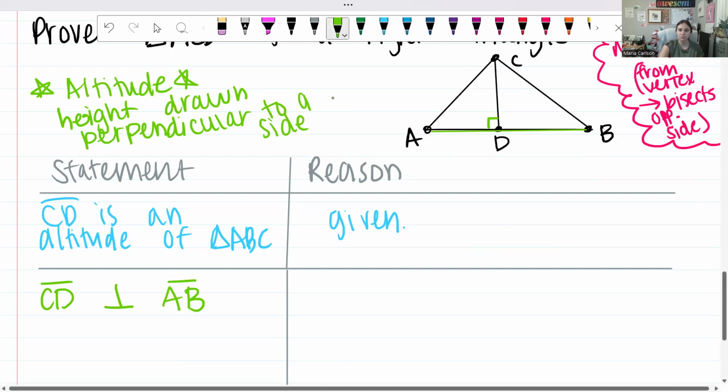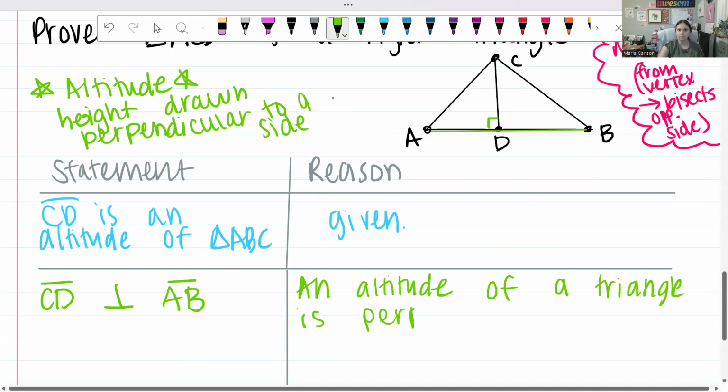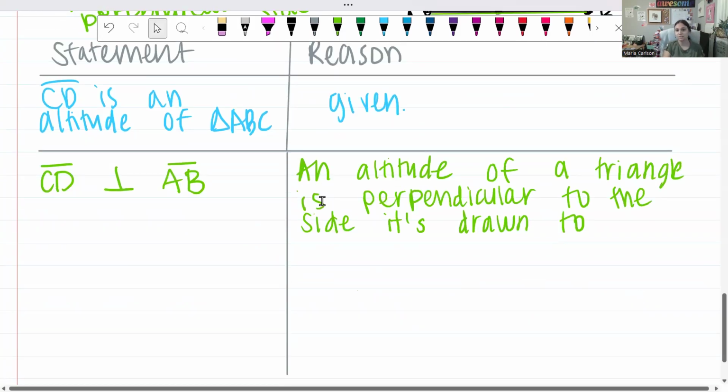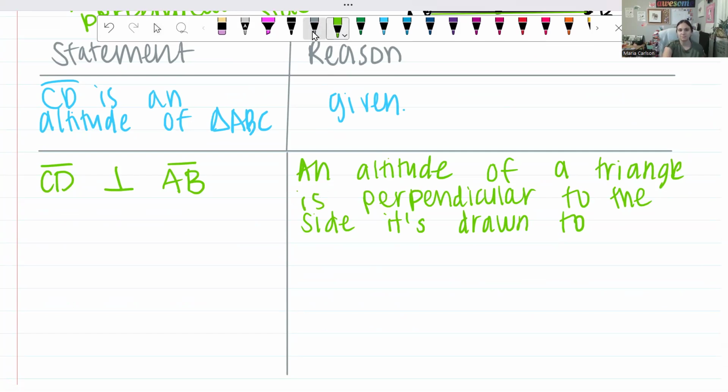And that's because an altitude of a triangle is perpendicular to the side it's drawn to. So again, sometimes you have to explain a little bit. An altitude of a triangle is perpendicular to the side it's drawn to. That is just the reasoning.